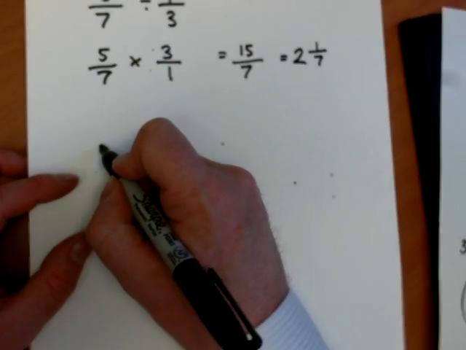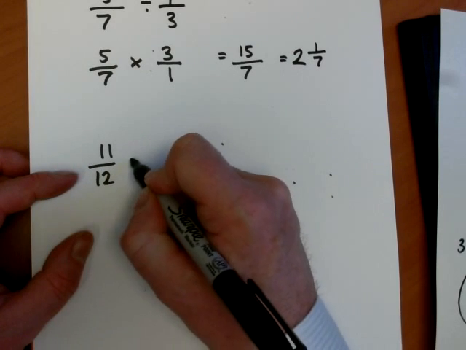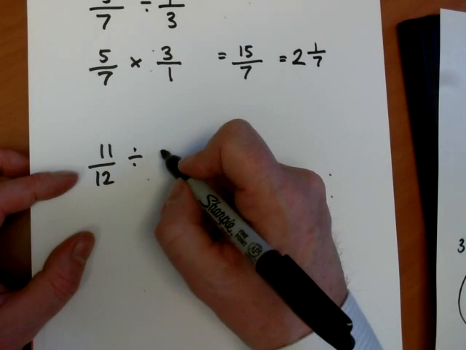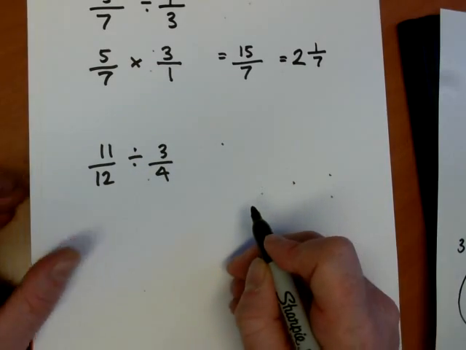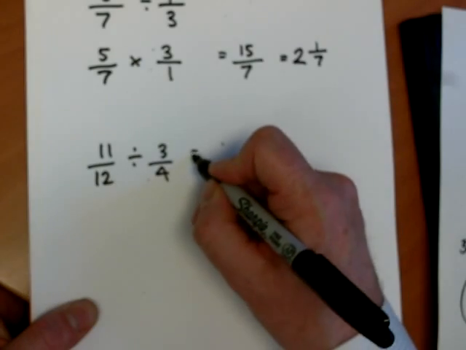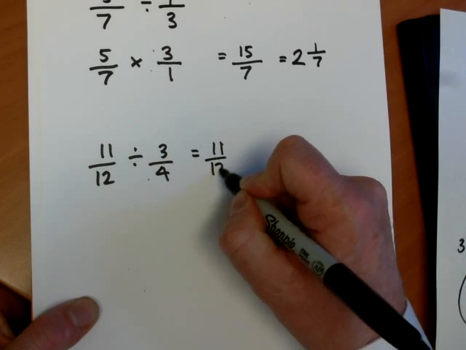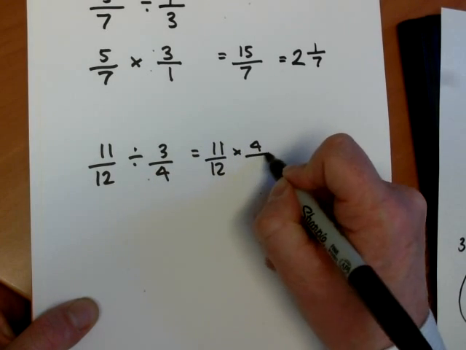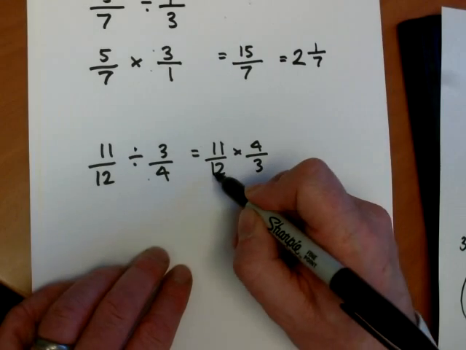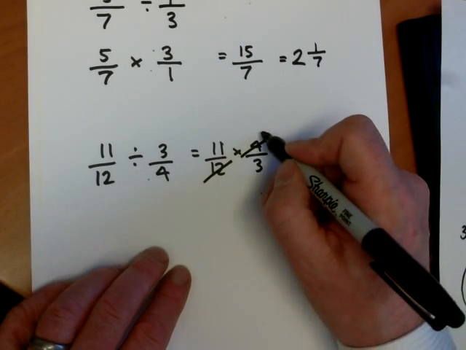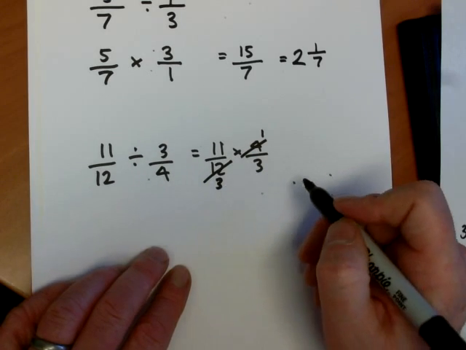So we'll do another one. Let's suppose we were doing 11/12 divided by 3/4. This will equal 11/12 times 4 over 3. Although we could proceed with this, it's a good idea to cancel out that 4 into the 12, to keep our numbers easier.